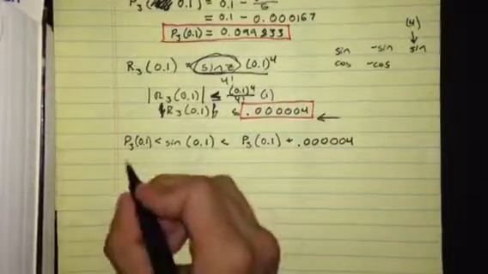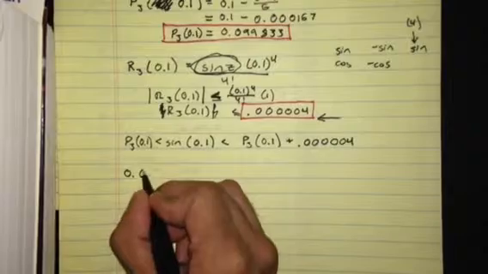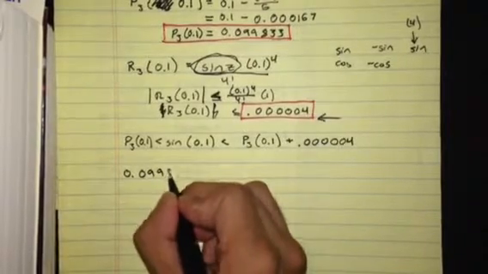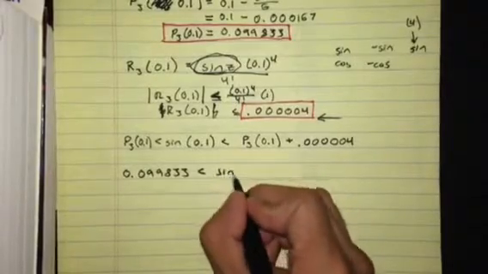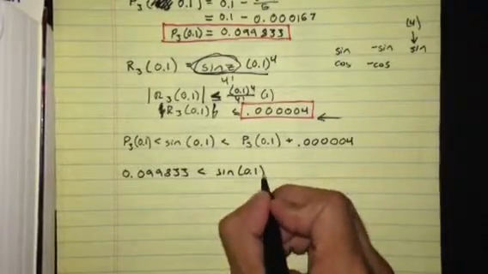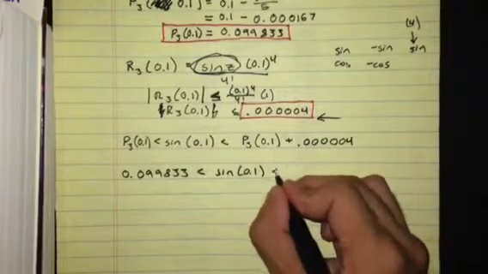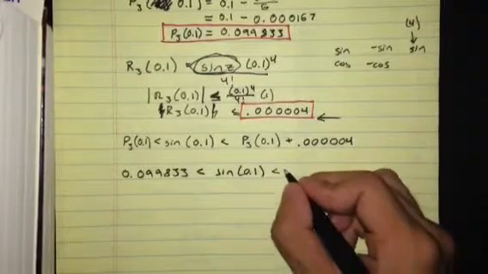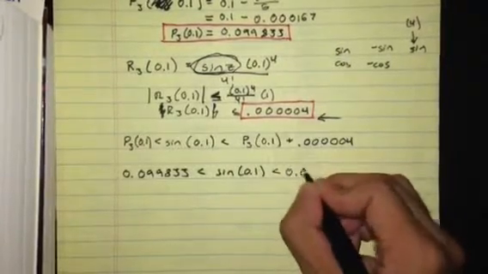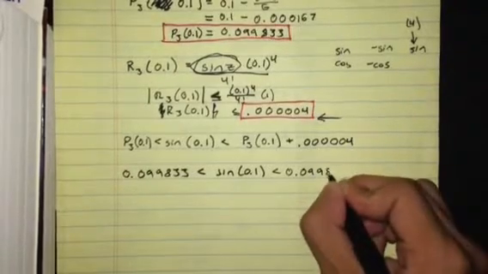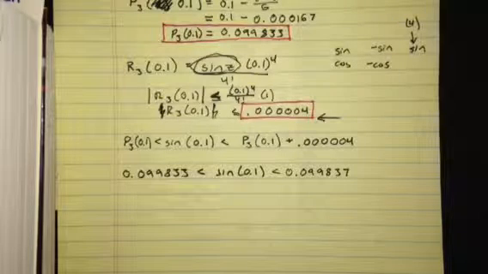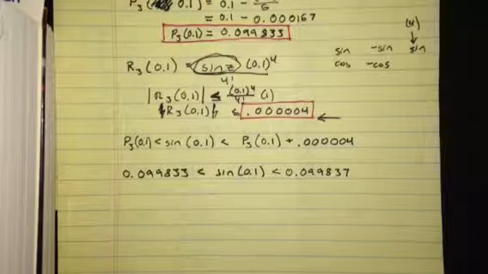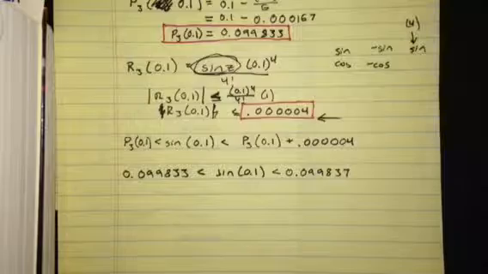You have the value of the p, your function, which is less than 0.099837, and that's your error. That's what the remainder helps you find.